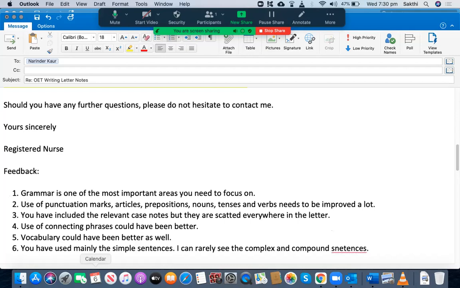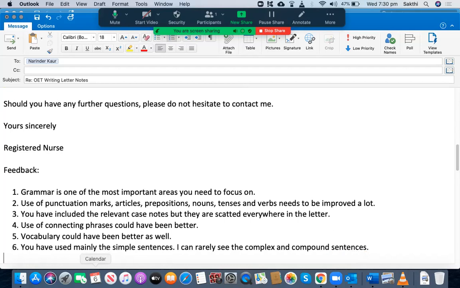This is okay if you're aiming at only C grade, but if you're aiming at B grade, you need to show a range of sentence structures. You must be able to control the language, okay, and the grammatical structures. So this is not good. You haven't used the capital and small letters. That's another issue, okay.